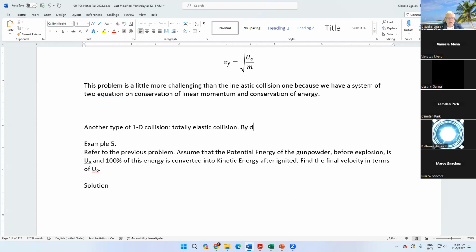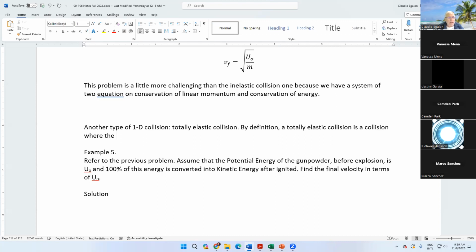By definition, a totally elastic collision is a collision where the mechanical energy of the system is conserved. Okay.